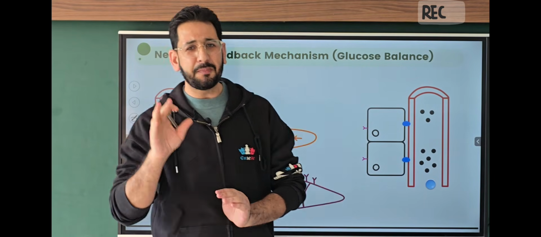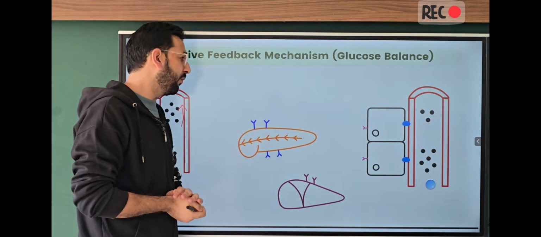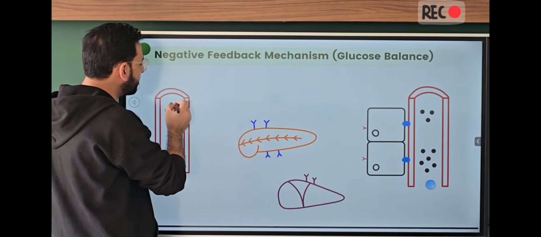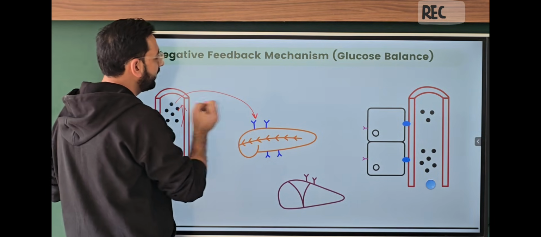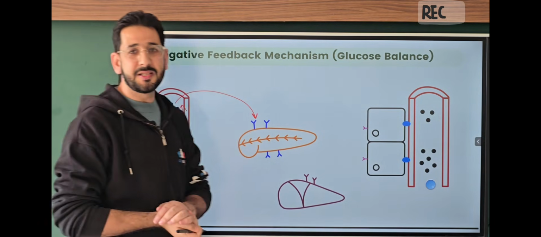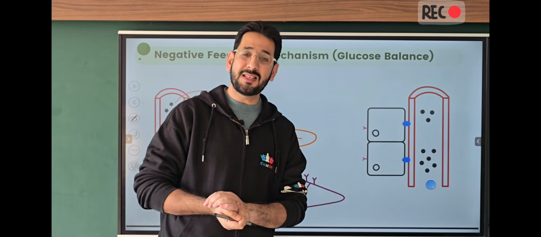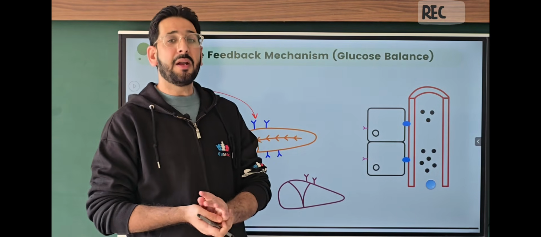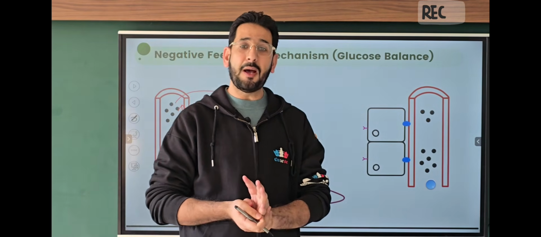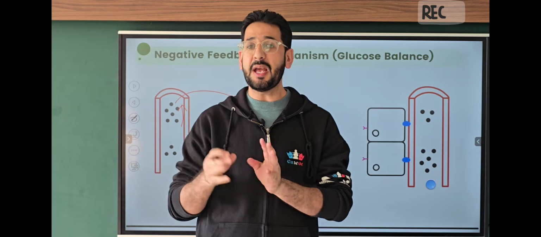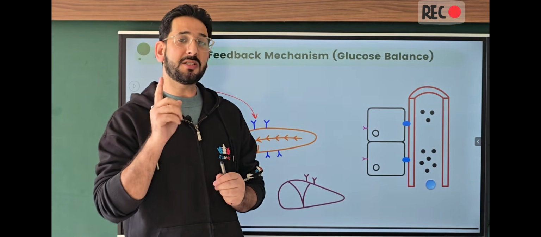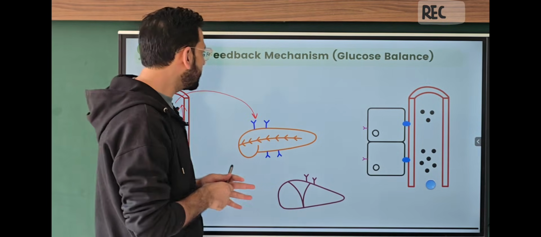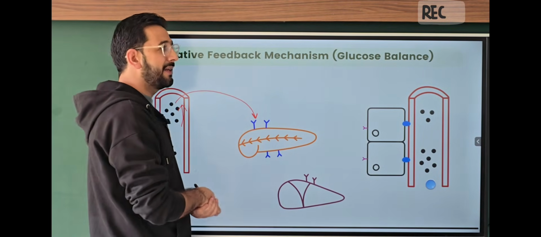So if the blood glucose level goes up, what will happen? This increased blood glucose level will be detected by the receptors present in the pancreas. This is called hyperglycemia. Now we have to talk about the three components. The first is the receptor, and in this case the receptor is present in the pancreas.